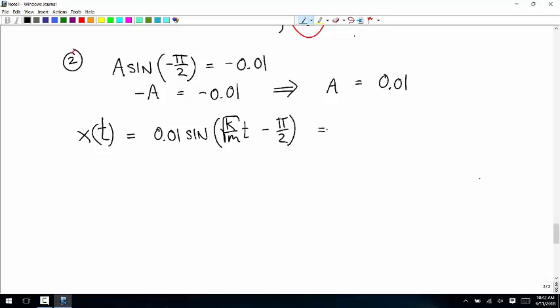And that's exactly the same function as negative 0.01 times the sine of the quantity square root of k over m times t plus pi over 2. So whichever one of those two you chose, you get one of those two forms.